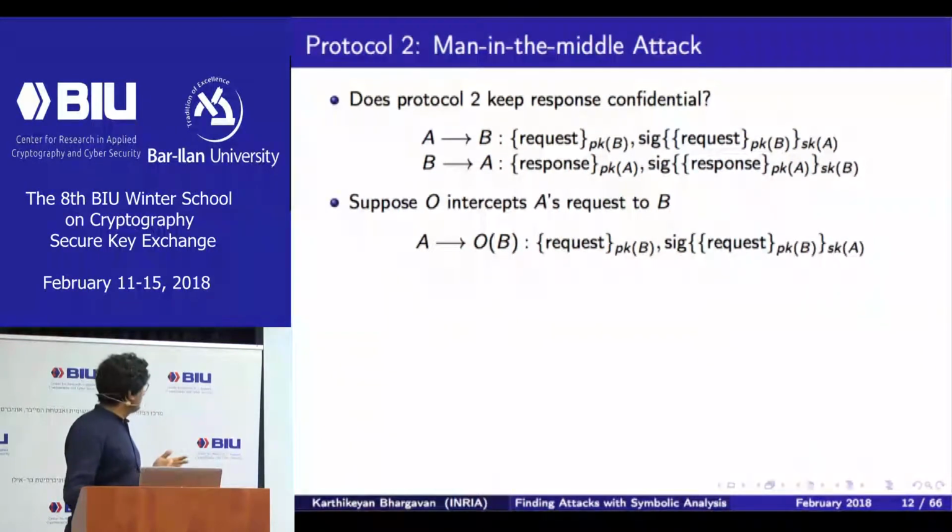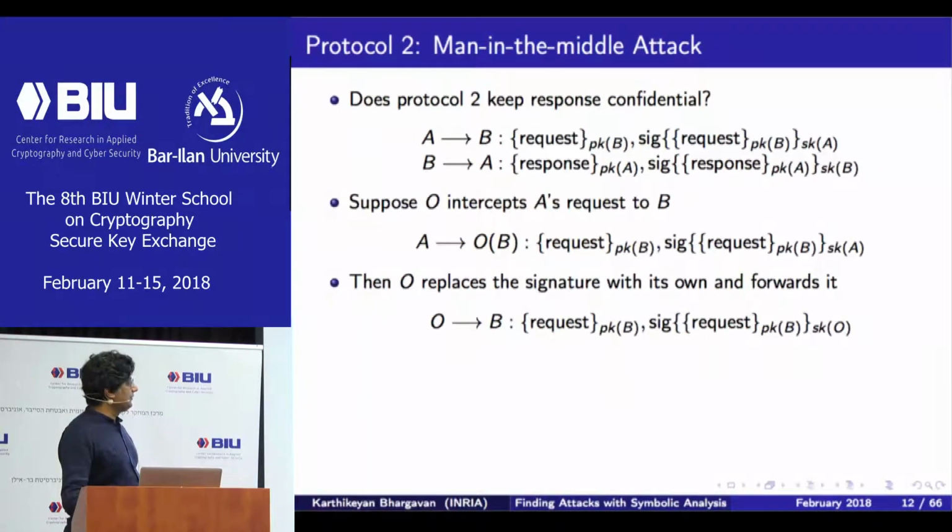And it basically works like this. O is going to intercept the first message from A to B. And what it's going to do is replace the signature of A with its own signature. So it just pulls out the outer signature and replaces it with its own signature on the encrypted data. O cannot read the encrypted data.